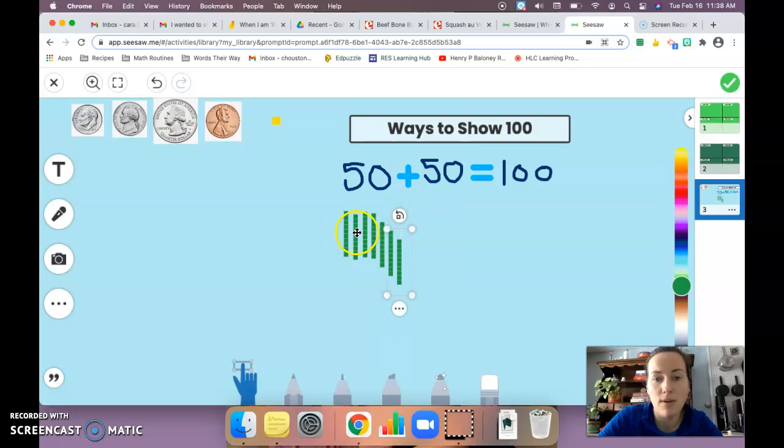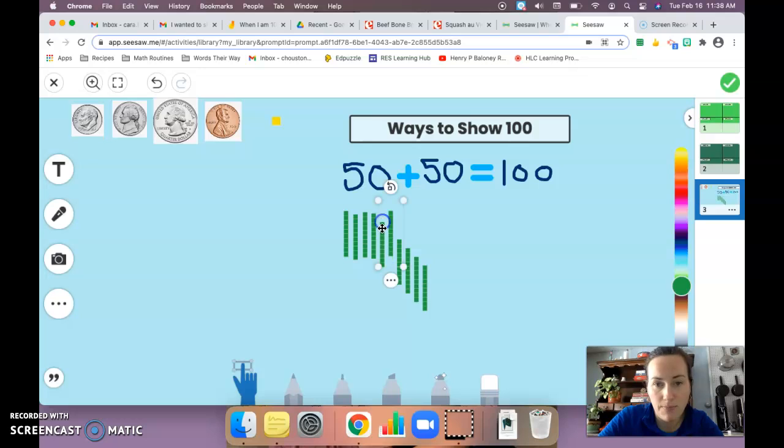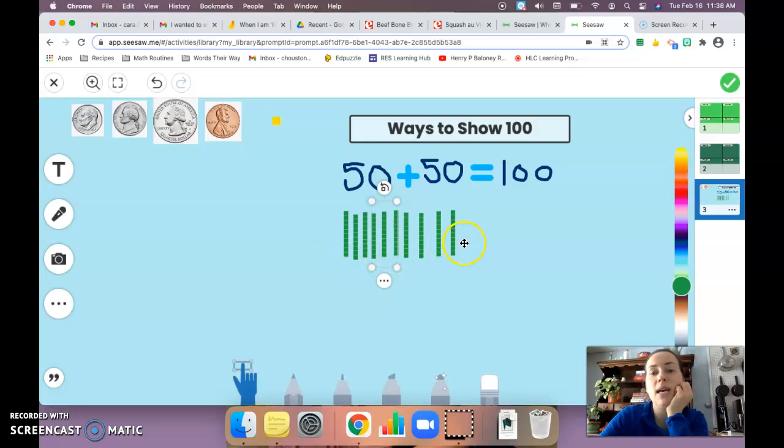And I could keep going, 1, 2, 3, 4, 5, 6, 7, I need 3 more, 8, 9, 10, and then if I want I can move those up a little bit and spread them out so it's easier to count them. Okay, so there's my 10 tens.